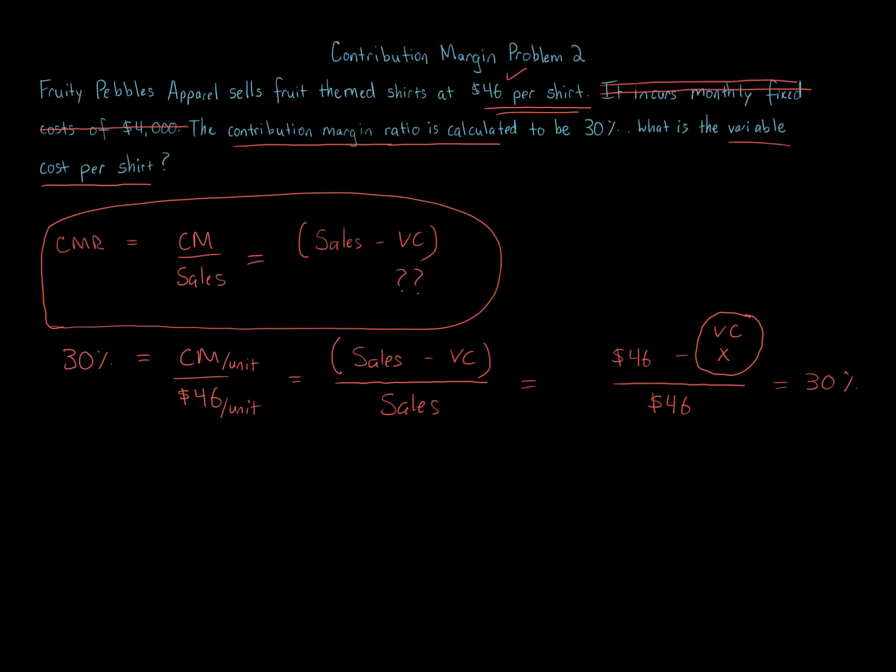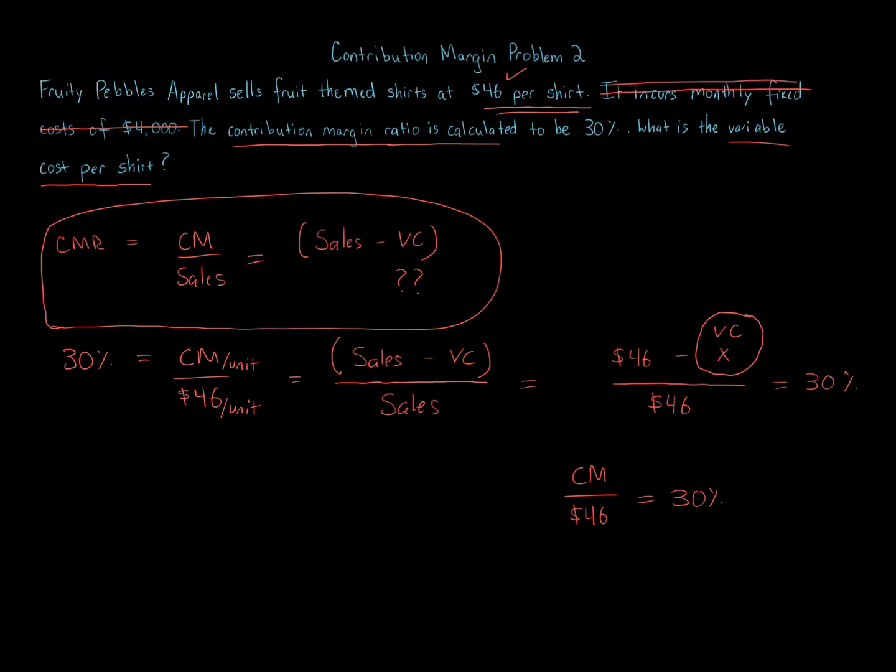Now this looks like algebra. It is algebra. There are many different ways to look at this algebraically. You might be more gifted at math, however you want to solve for this now that I've set it up. But I like to break it down to help you understand better. The way I like to see this is contribution margin over $46, which is the sales, equals 30%.